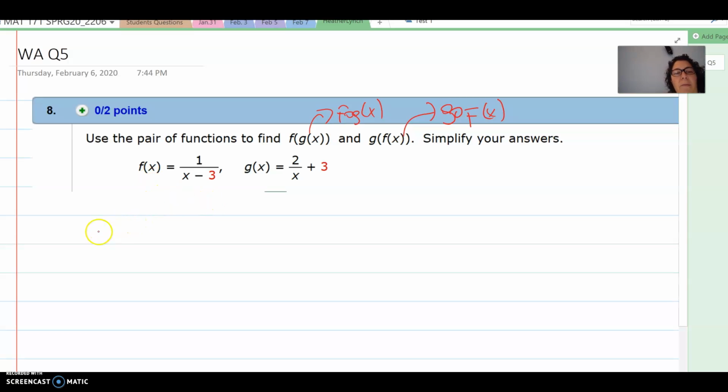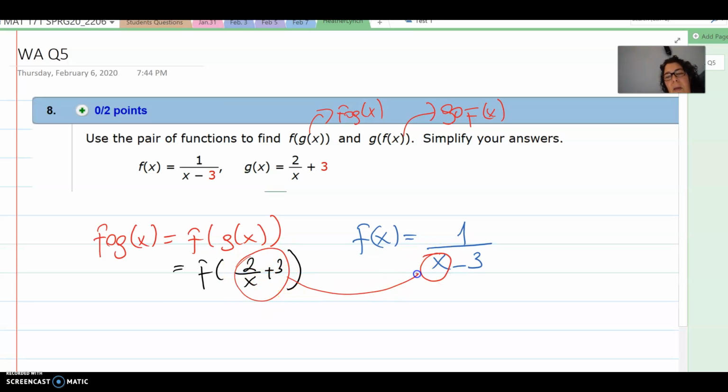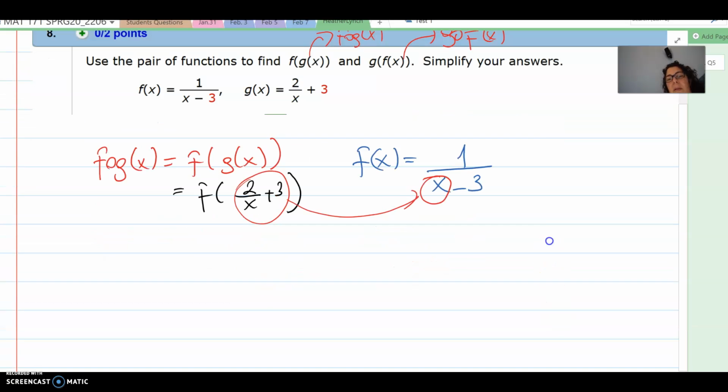So f of g of x will be something like that. I'm going to place the g function first, which is here 2 over x plus 3. Now, since my f of x function is equal to 1 over x minus 3, everywhere I see x, I will be placing 2 over x plus 3.